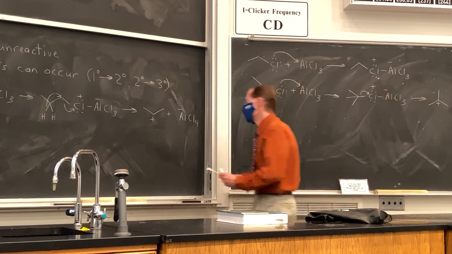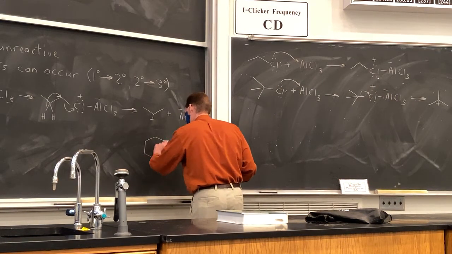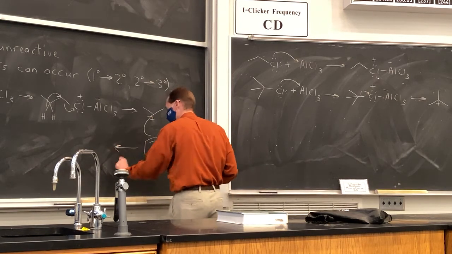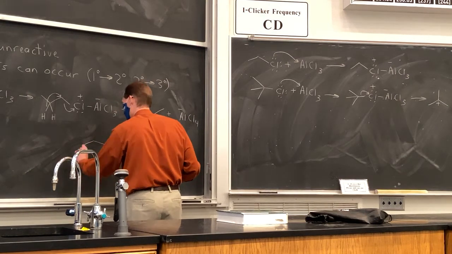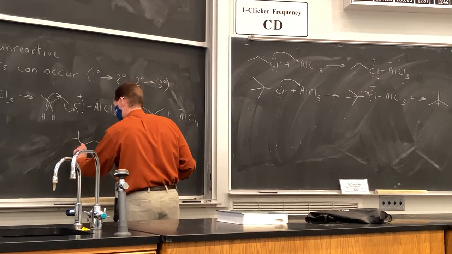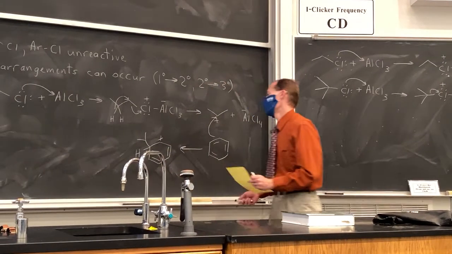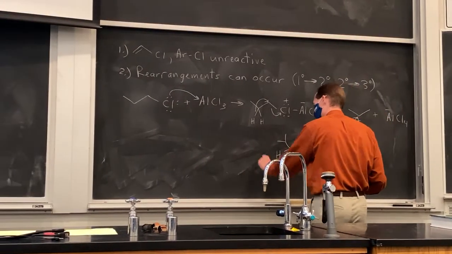Okay. So once we get to this point, benzene will attack the positively charged carbon, thereby attaching an isopropyl group to our benzene ring. Okay, here's our resonance stabilized cyclohexadienyl cation.